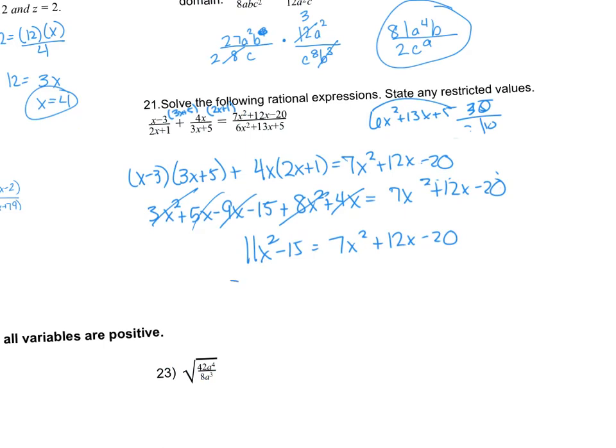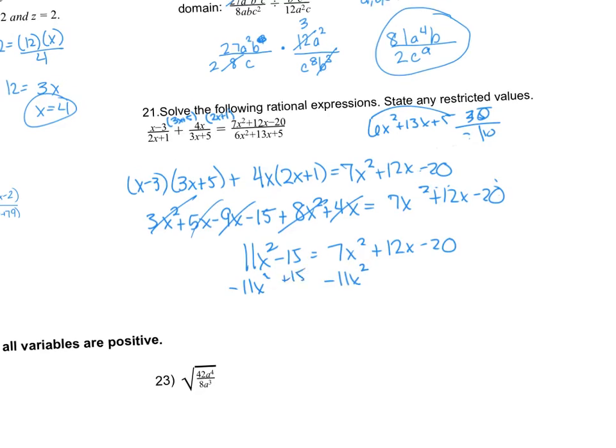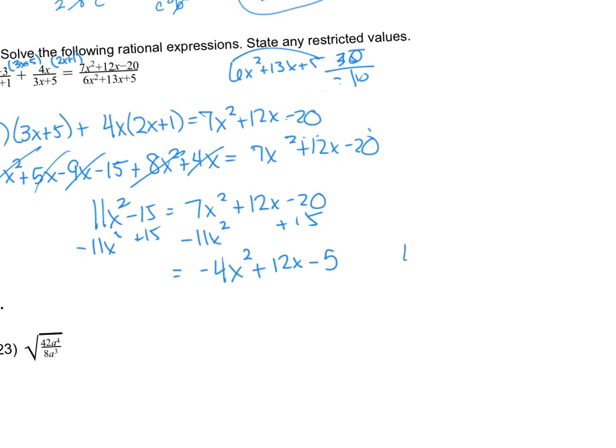Bring everything over. So that gives me negative 4x squared plus 12x minus 5, which is the same as 4x squared minus 12x plus 5.